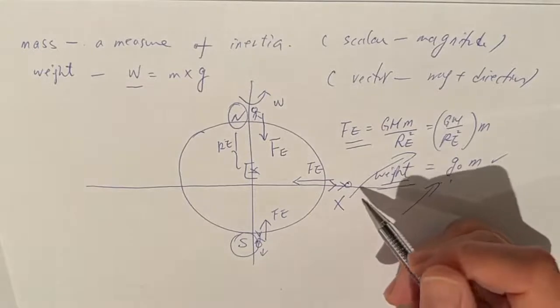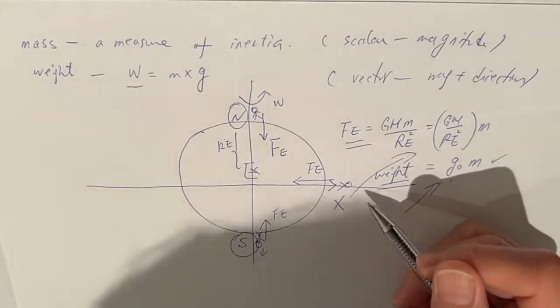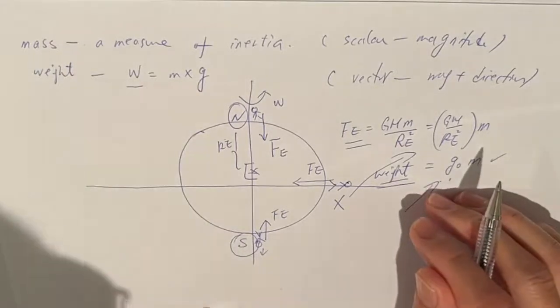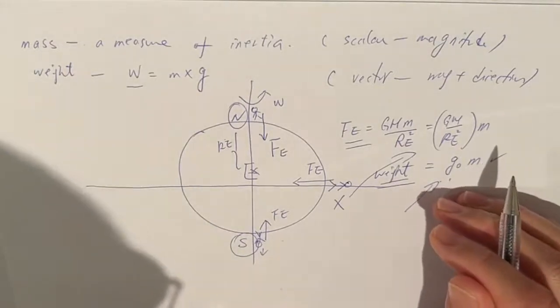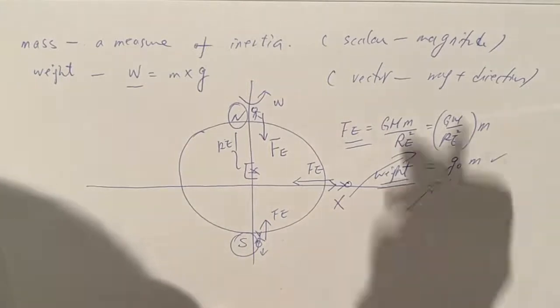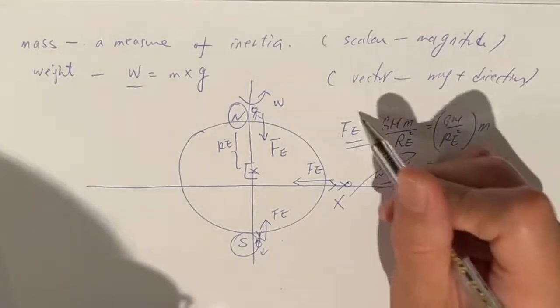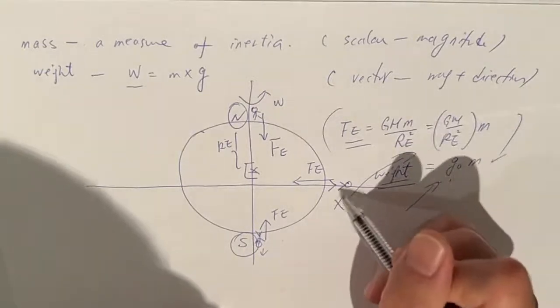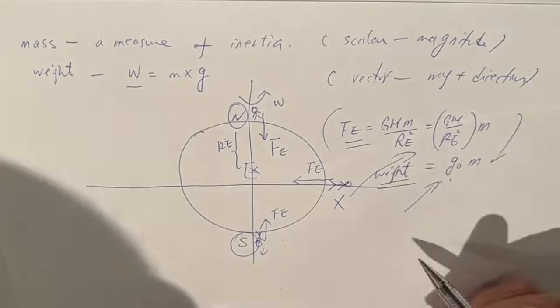Why? Because it involves a very important concept. It takes some more time to grasp the concept. So in this talk, I'm going to tell you why we cannot use this formula to denote the gravity or the weight acting on this person.